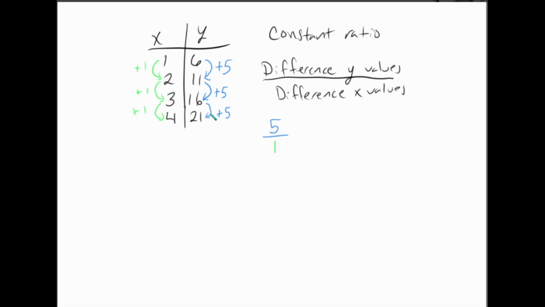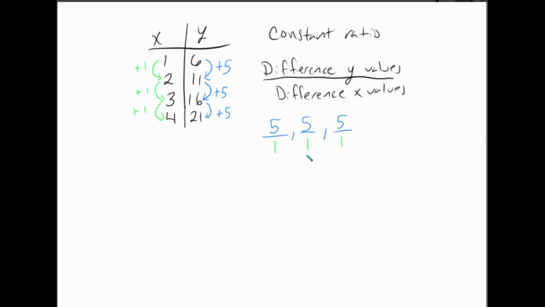Well, it does. This next point has a change of 5 as well for my change of y, and my change of x was also a 1. And then my last one from 16 to 21 was also a change of 5, and my change of x from 3 to 4 was positive 1.